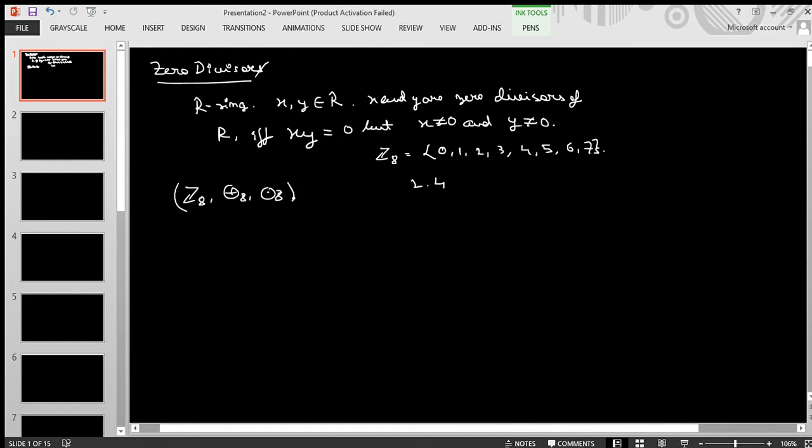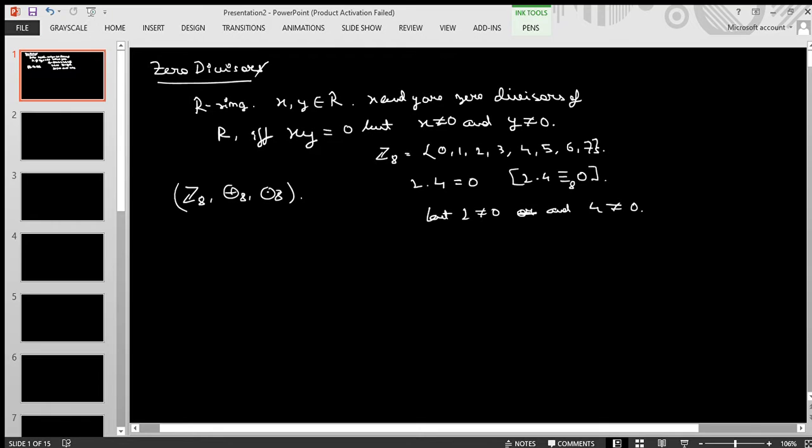So this will become 0. The reason is 2 times 4 is 0 mod 8, but neither 2 is 0 nor 4 is 0. So 2 and 4 make zero divisors of Z8.